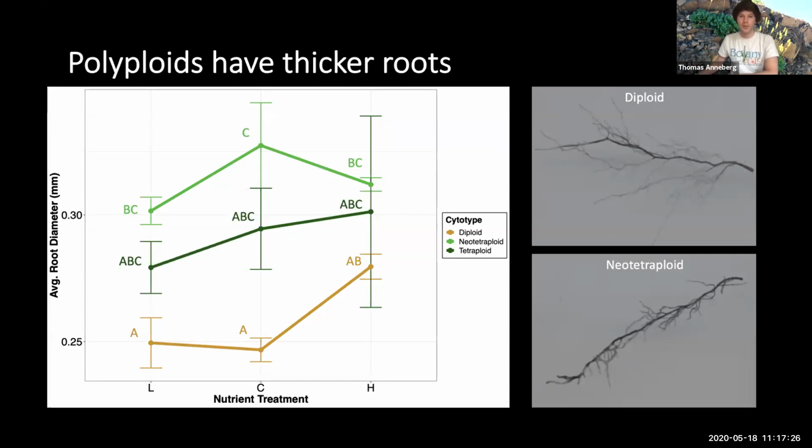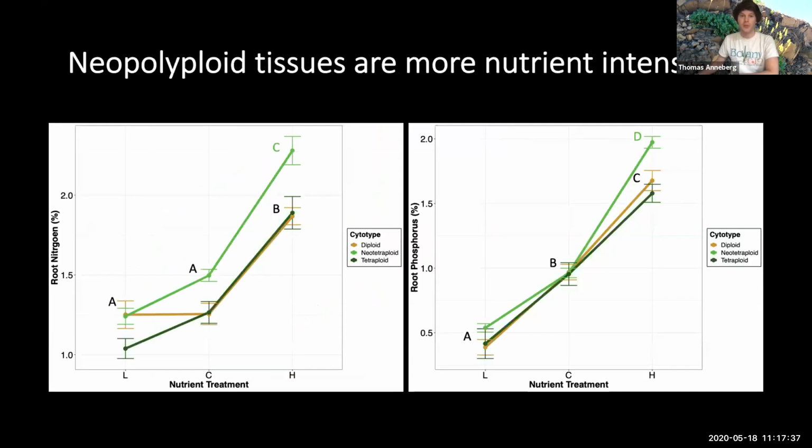So the neotetraploids had less efficient structures above ground and below ground, it appears to me. And not only were the roots thicker, but at some nutrient treatments, the neotetraploid roots were more costly to build for nitrogen and phosphorus concentrations. So we've got root nitrogen and root phosphorus concentrations as a percentage in both of these figures.